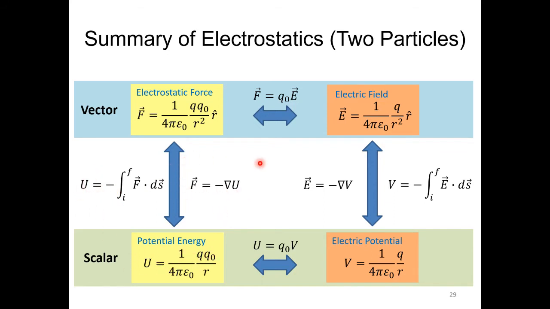Or the other way around, you can take the gradient of the potential energy, and then take the minus sign, and it will be Coulomb's force. On the right side, the E field and the electric potential have a similar relationship between them. So this graph is quite beautiful, I think.